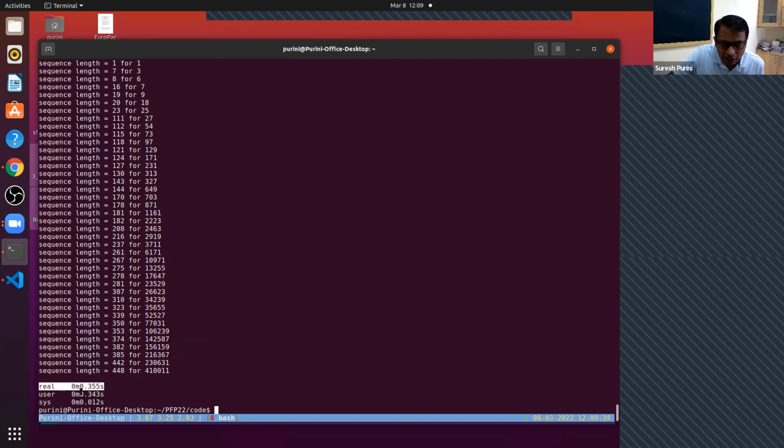And out of the 355 milliseconds of execution, 343 milliseconds are spent in the user space, and 12 milliseconds are spent in the system space.